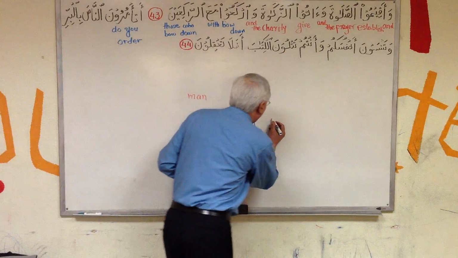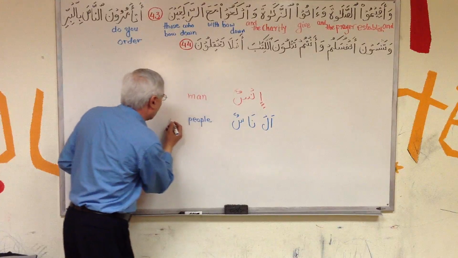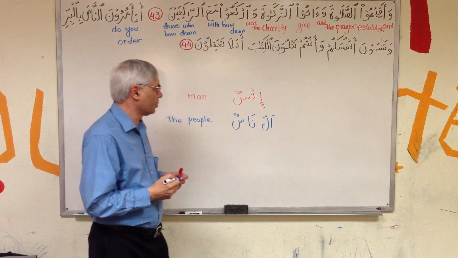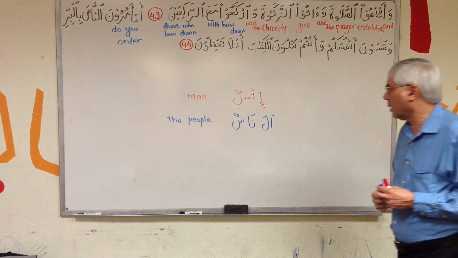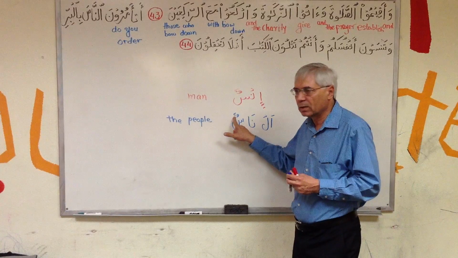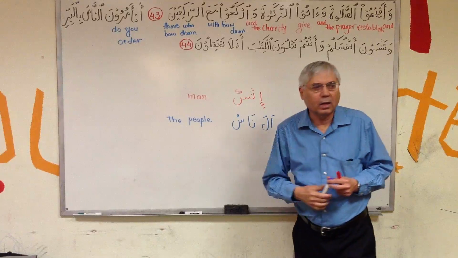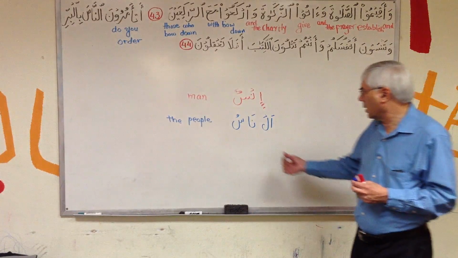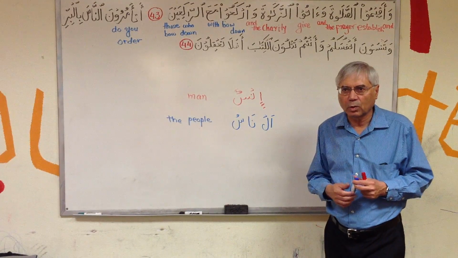And if we put al before that, it means the people. And when we put al, one dhamma goes away. So it becomes al nasu. And again, noon is a shamsi letter, so the sound of lam will go away.